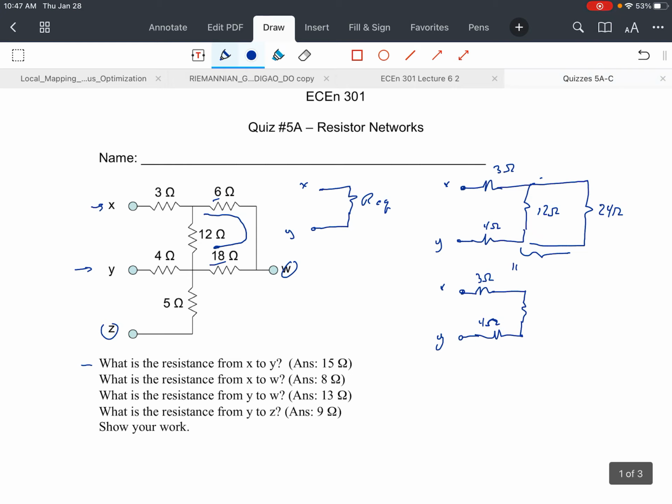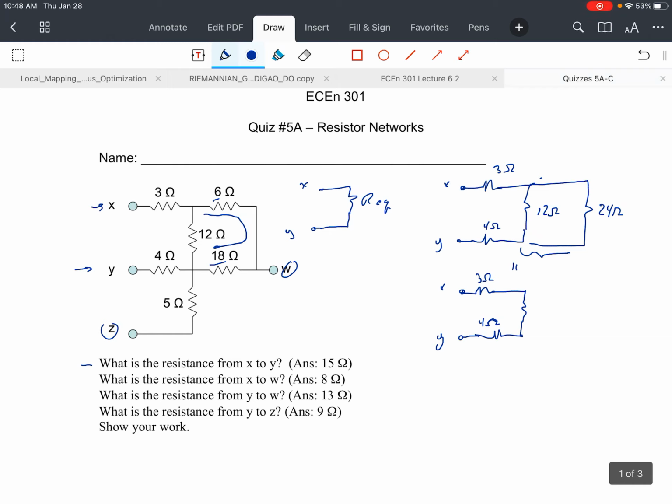We're going to do 12 times 24 divided by 12 plus 24.